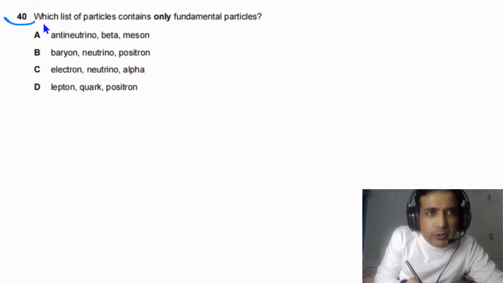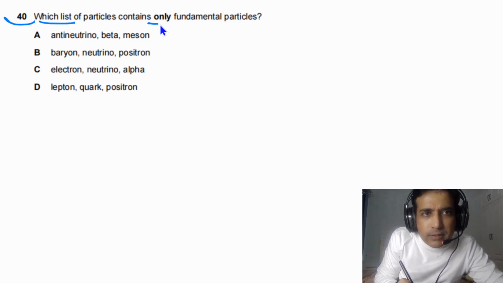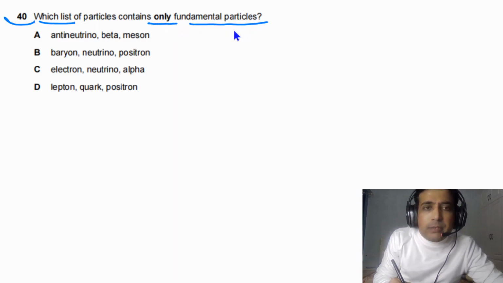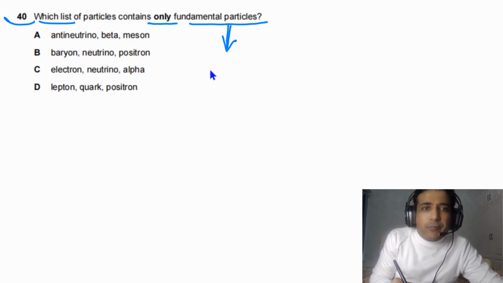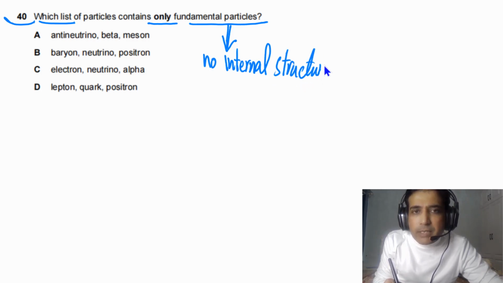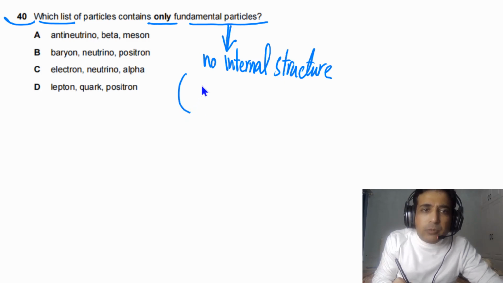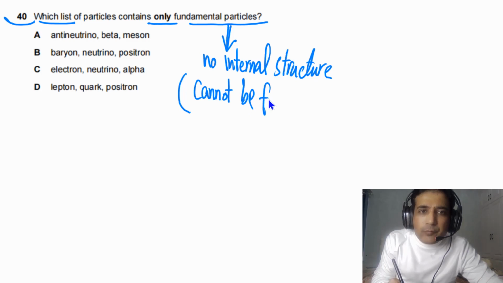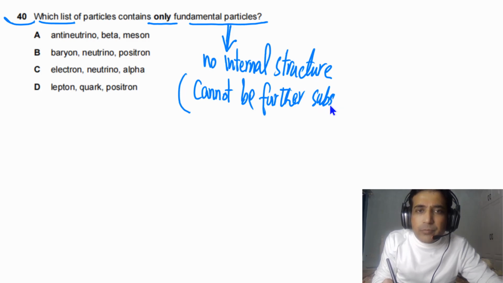For question number 40, we need to find out which list of particles contains only fundamental particles. First of all, let's try to understand what fundamental particles are. Fundamental particles simply means that it has no internal structure, or simply we can say it cannot be further subdivided.